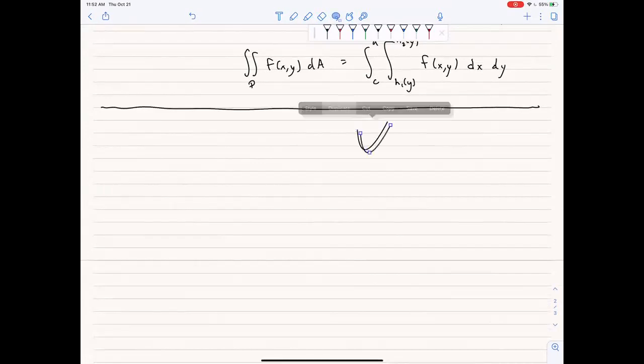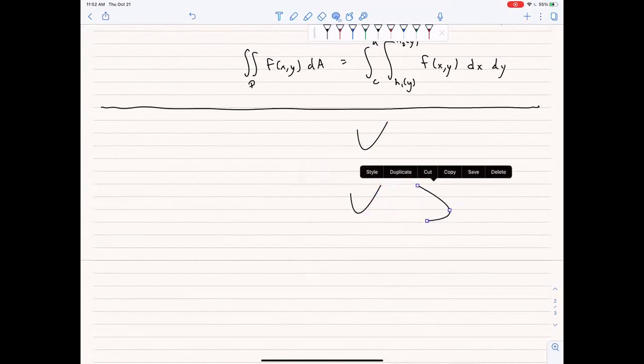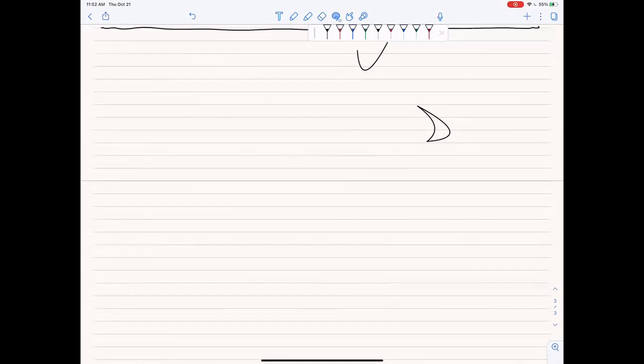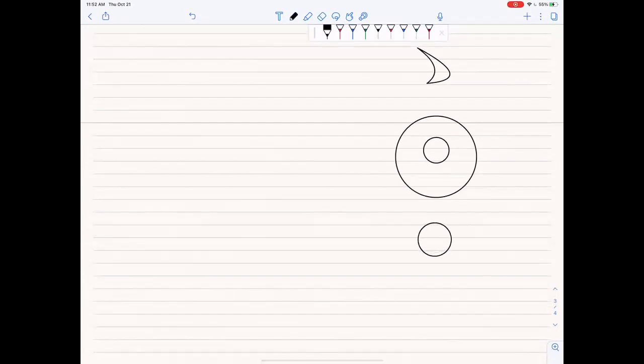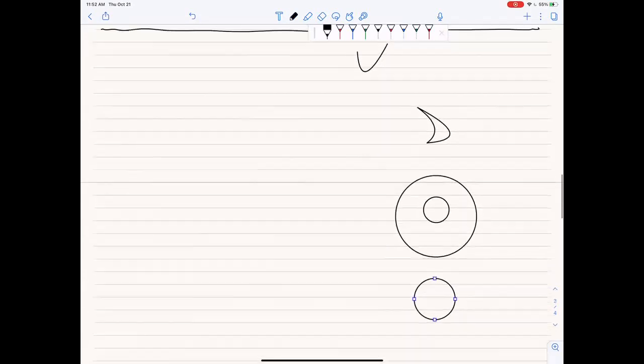Okay, so let's do the following. This region, give you this. This region, and I have some strange region here, which I'll put up top.